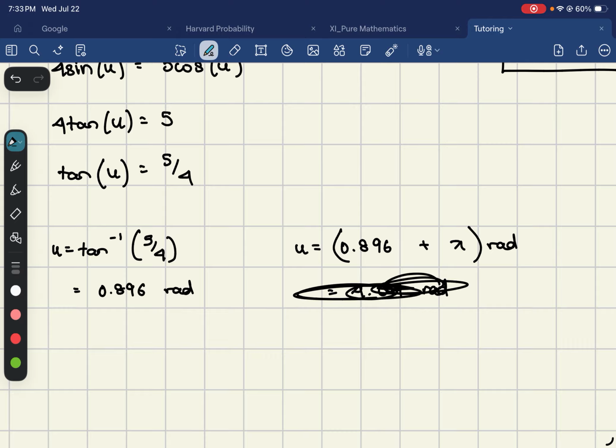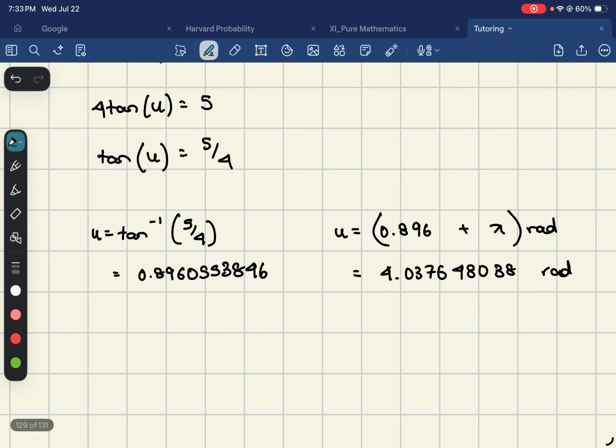So let me write the whole expression because we have a lot to simplify. 0.553846. And this gives us 4.037648038 radians. All right, so let's check another answer. We have checked our first quadrant answer. This is the first quadrant. This answer is in our third quadrant.